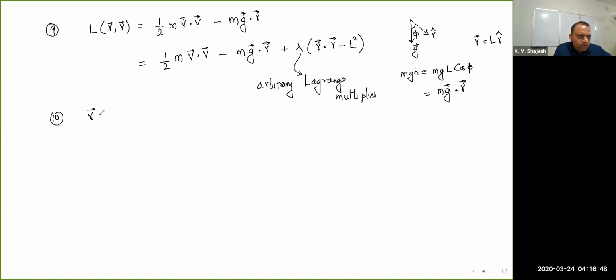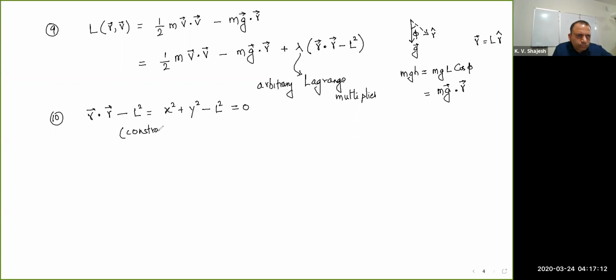r dotted with r minus L square is actually x square plus y square minus L square. That's the equation of a circle. That's an equation of a constraint. That's equal to 0, right? That's our constraint.